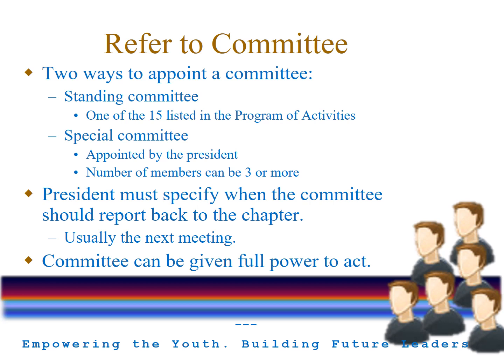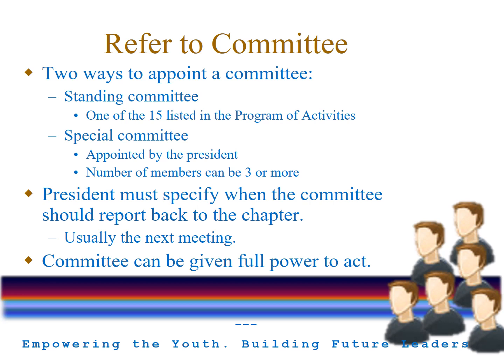For number one, we have standing committees, or one of the 15 listed in the program of activities, standing committees being recognized or organized through the constitution and bylaws of the organization or the club. The second is the appointment of members to make an emergency committee or a special committee appointed by the president or the chair, in which the number of members can be 3 or more.